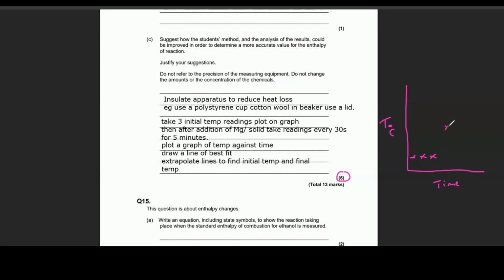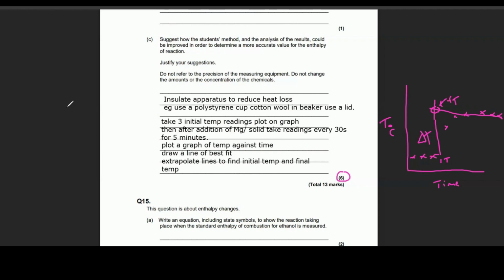Then the temperature goes up. Then I'm going to draw some extrapolation lines, and at the point that they cross, I can calculate my delta T. So I've got my final temperature, I can take this as my initial temperature, and then I can calculate my delta T. So that's how we're going to do this more accurately.